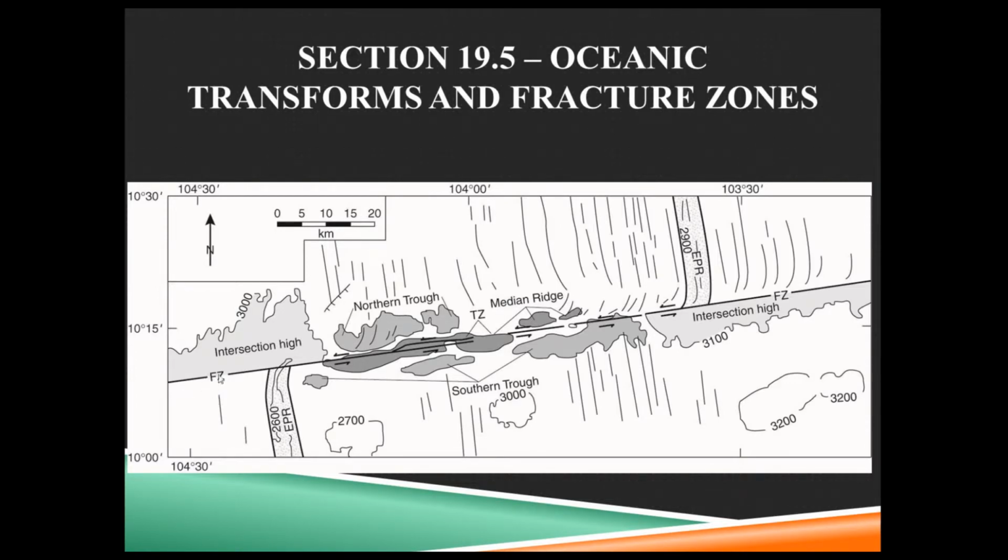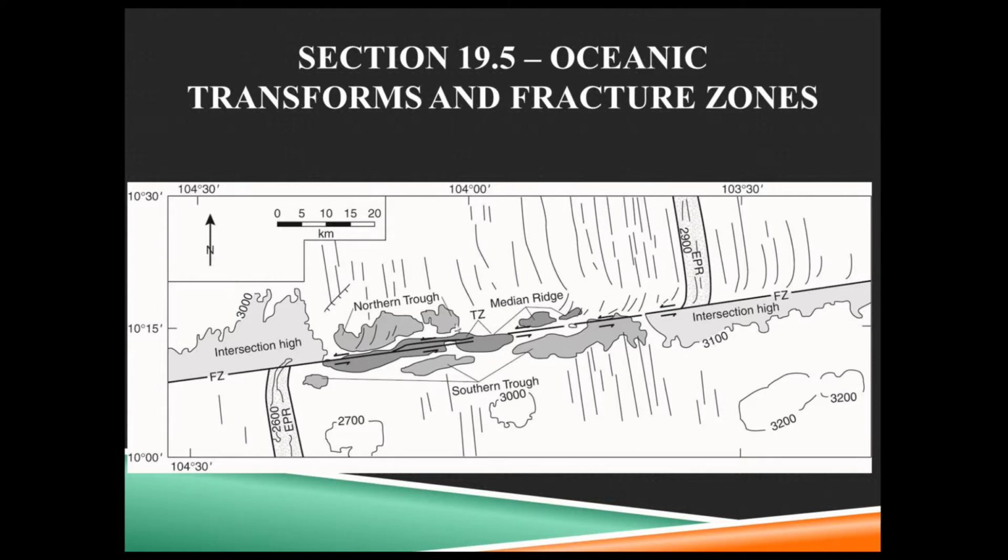Just lots of fractured rock to take up the stress. And if you cross this, you're still all on the same plate. This is the same plate as this. There's just a fracture.